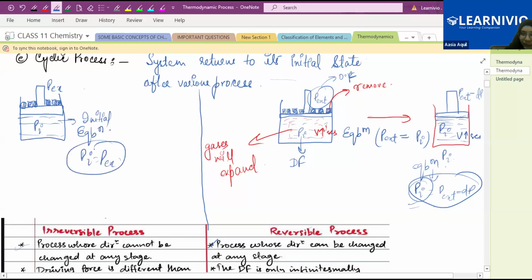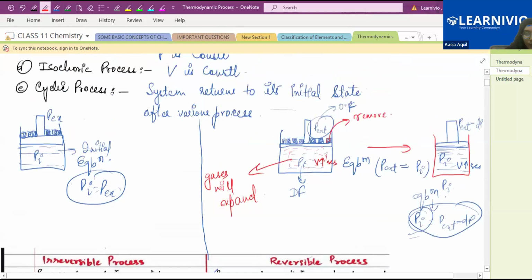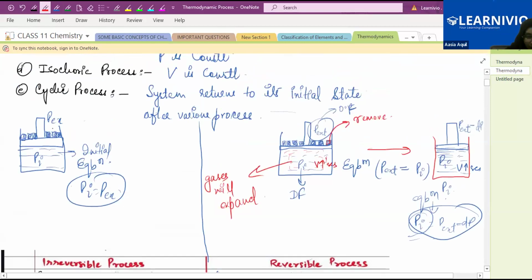Now, what happens? Suddenly, you remove like 5 to 6 weights at a time, because it's rapid. It does not happen step by step, this irreversible process is very rapid, right? So you can see the third point, it is done rapidly. So if you remove like 4 to 5 weights, 1 2 3 4, these weights will be removed.